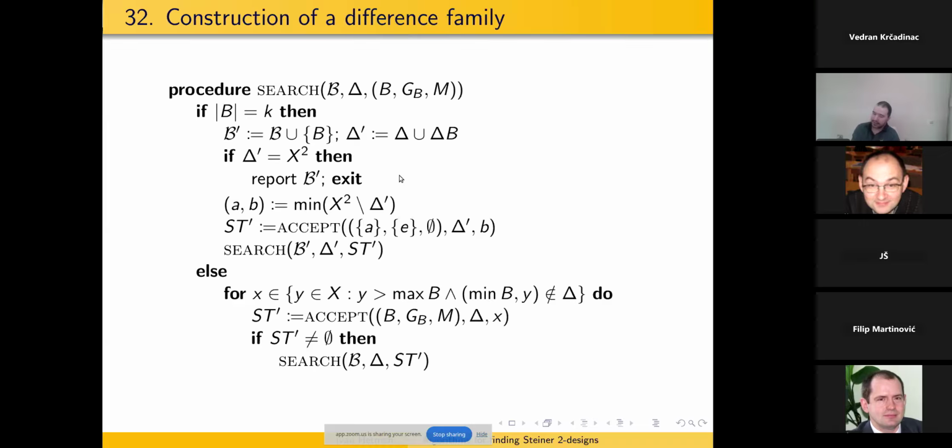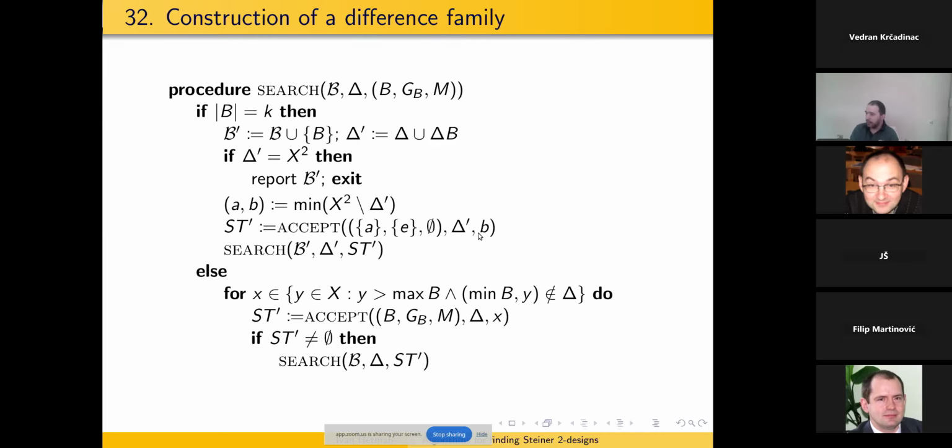In the other case, this means that we did not cover all differences. And as noted in the beginning, we find the pair AB, which is a minimum of X squared without the current difference. Then we accept the single point block consisting of A. Obviously, this block will have a trivial stabilizer, and it will have an empty function of pairs.